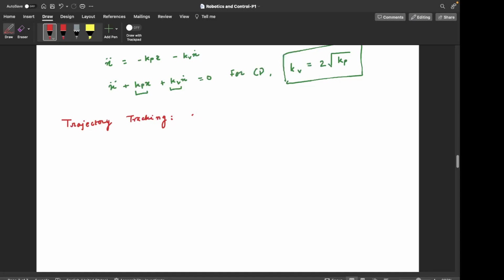So what are the things that we have? We have the desired position, desired velocities, and desired accelerations. This is for the end effector.